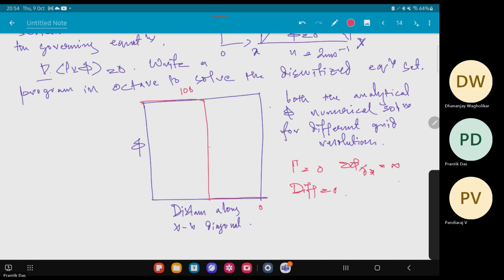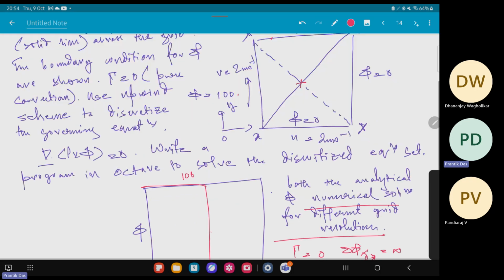Numerically, you also have to find it by using the upwind scheme for different resolutions, that means along the x and the y direction. So this is the x direction, this is the y direction. You may consider the cells to be 10 cross 10, 100 cross 100, 1000 cross 1000, and so on. Or you can consider 10 cross 10, 50 cross 50, and 100 cross 100.